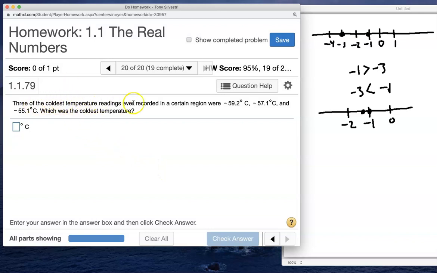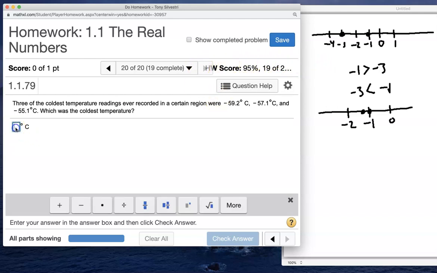3 of the coldest temperatures ever recorded are -59.2, -57.1, and -55.1. What's the coldest temperature? The coldest temperature is the one that has the biggest negative number, because if I were to plot that number, it'd be plotted farther and farther away from the 0, which makes it the worst. -59.2.